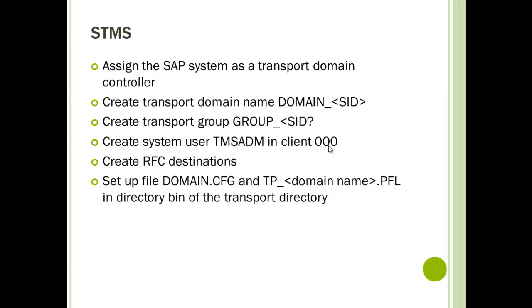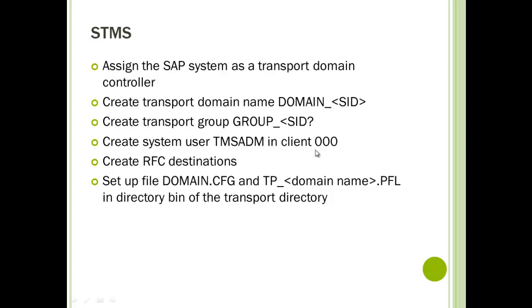First, it will assign the SAP system as a transport domain controller. Then it will create a transport group which is named GROUP_SID, based on your system, and it will also create a user TMS_ADM in client 000.